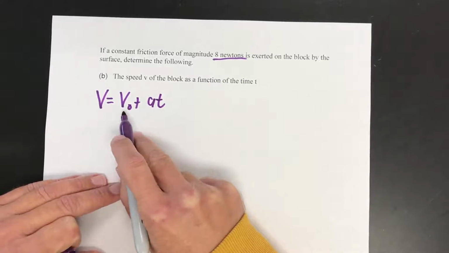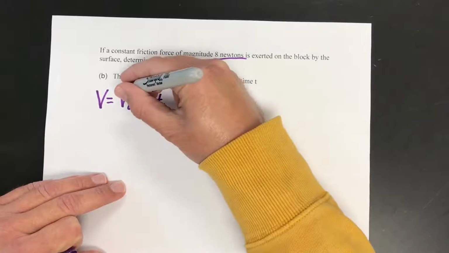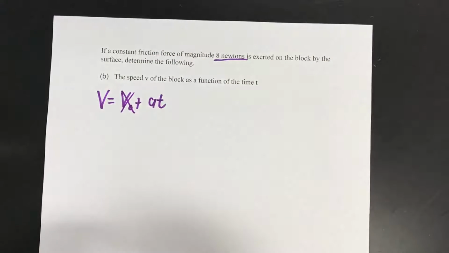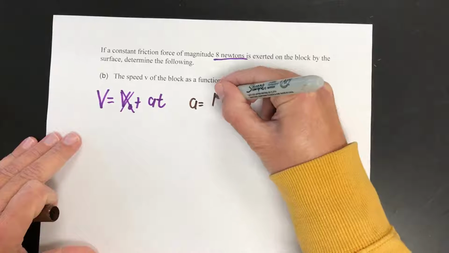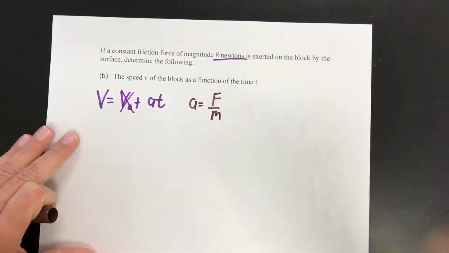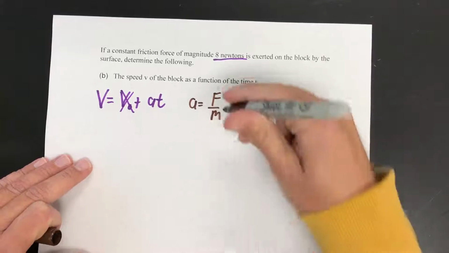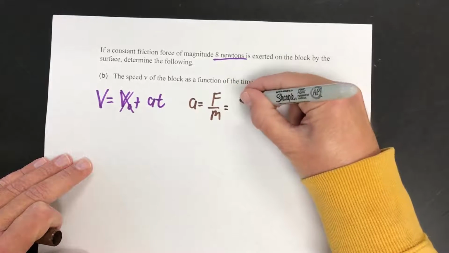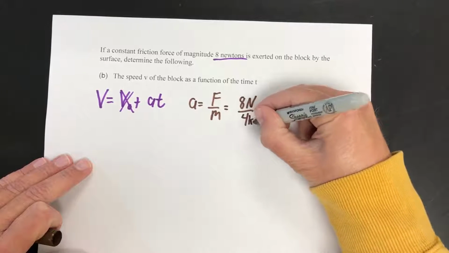So the velocity at any given time is the initial velocity plus acceleration times time. There is no initial velocity though, so that drops out. But now let's replace A here. So A we know is equal to F over M. Anytime we can actually put a number in here as opposed to a letter, we want to do that. Our force, remember, is 8 newtons, and our mass, they said, is 4 kilograms.